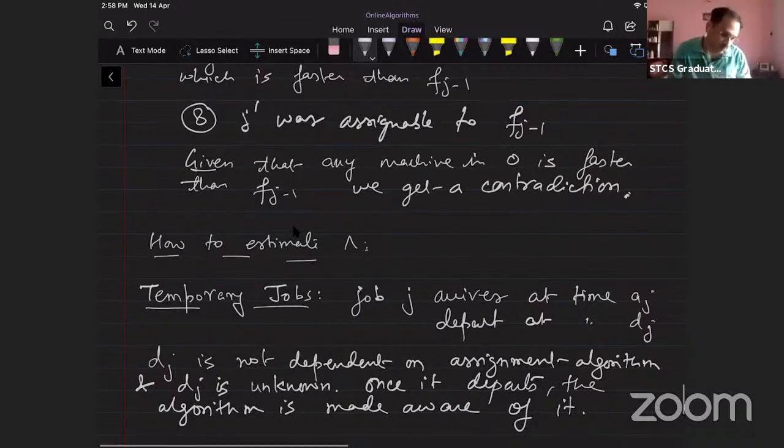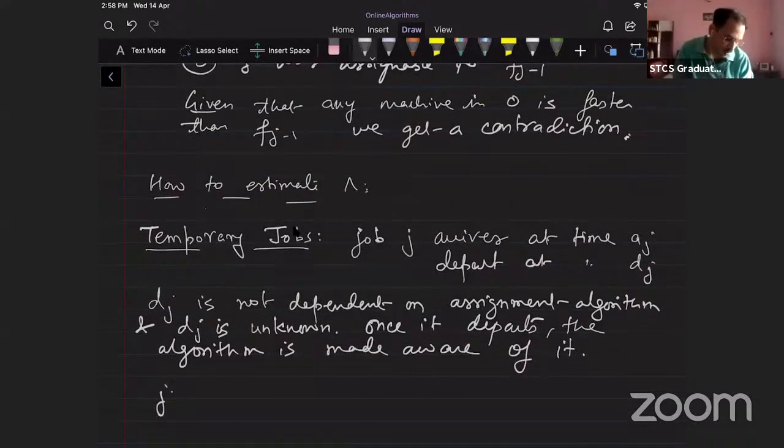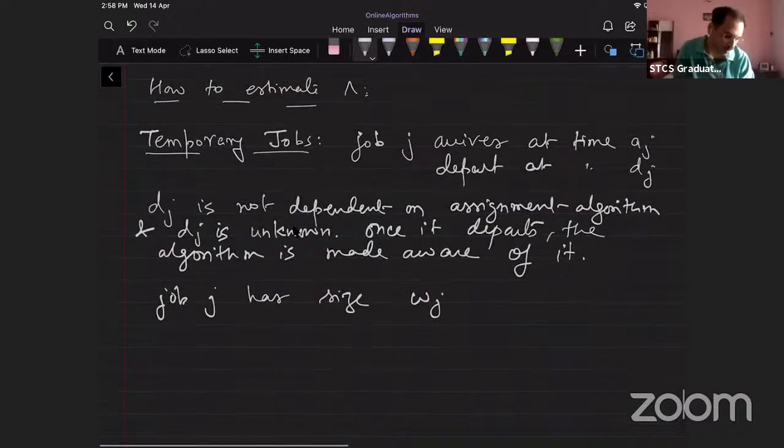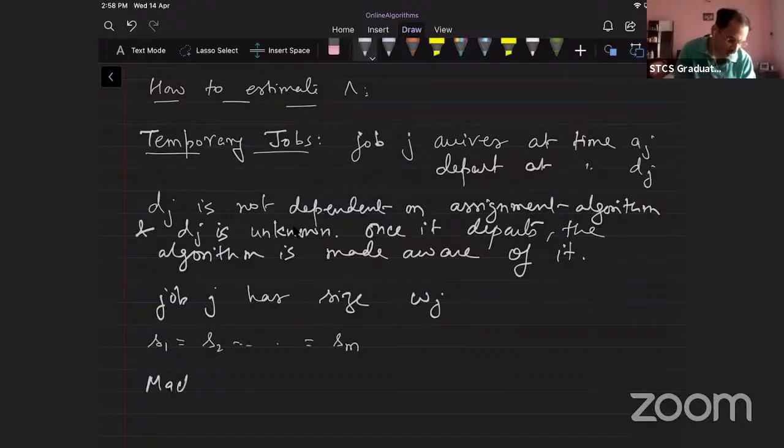All right. So job j has size Wj. And for the moment, assume that speeds are all 1, so S1 equals S2 equals Sm. But there is a machine restriction.